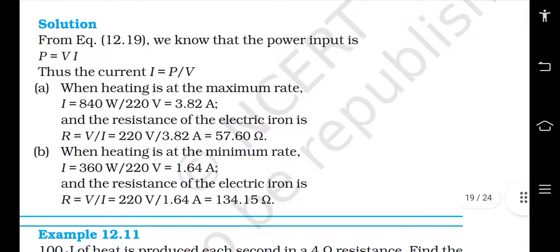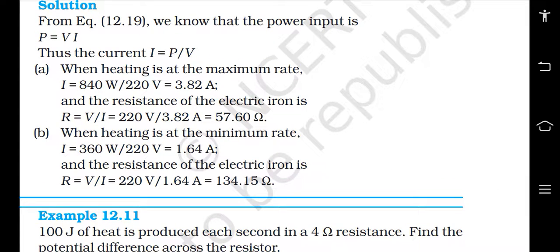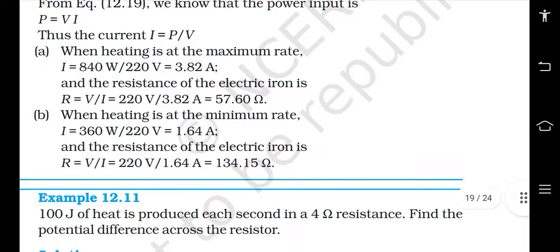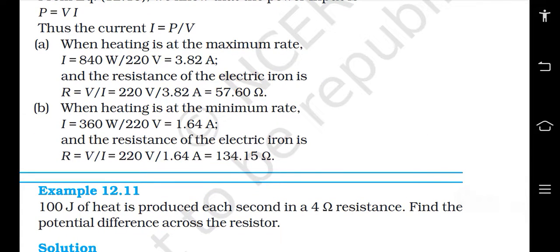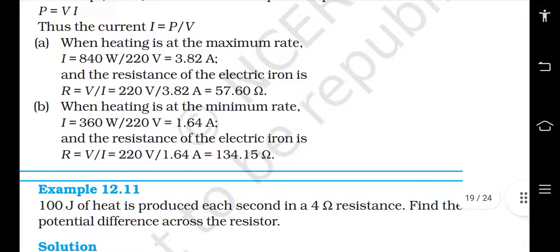And when heating is at a minimum rate, what will be the power? Power is 360. 360 divided by 220, 1.64 ampere current flows. Okay, so in this question you have to understand I equal to P by V, and P divided by I will be V. That also you keep in mind.